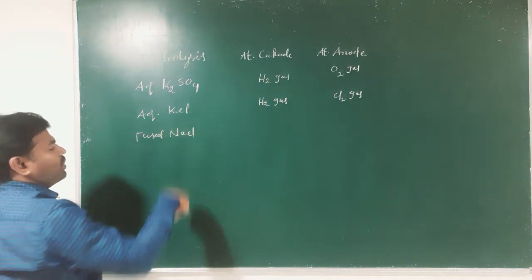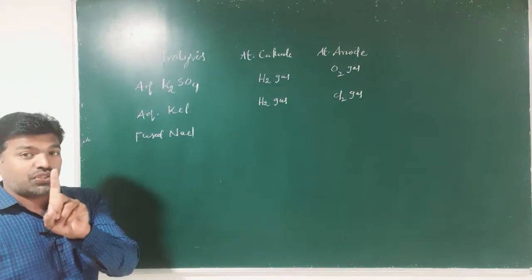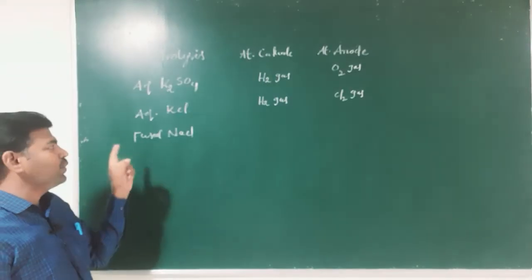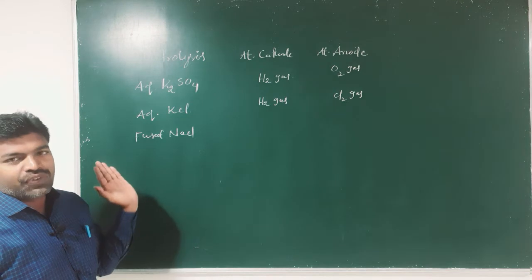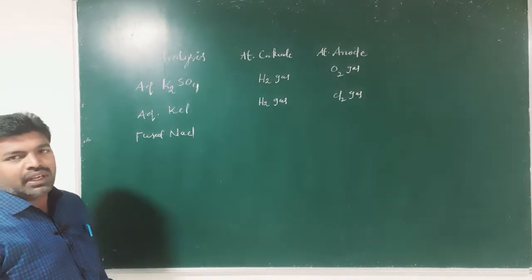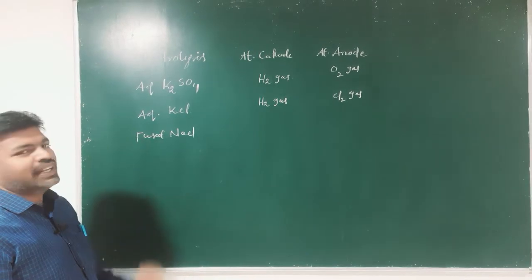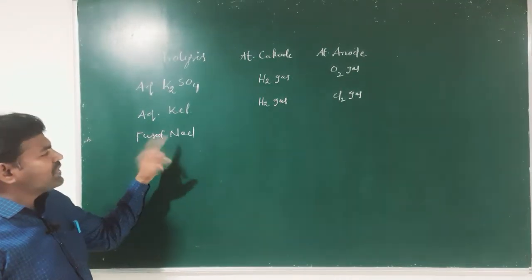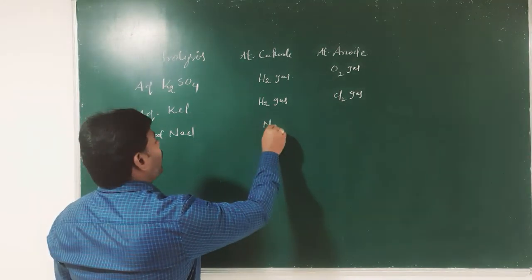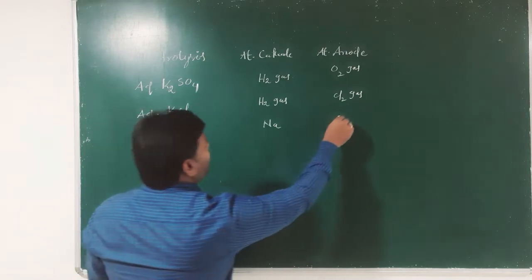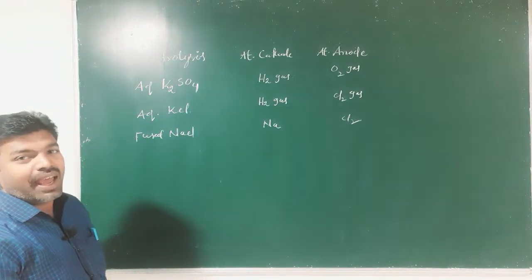Mind this point, fused NaCl is not an aqueous solution. I already explained the fused state and its importance. If we electrolyze fused NaCl, we get sodium at the cathode and Cl2 gas at the anode.